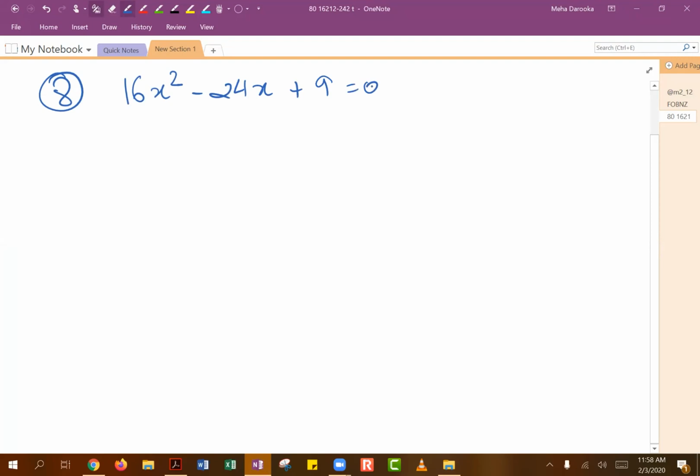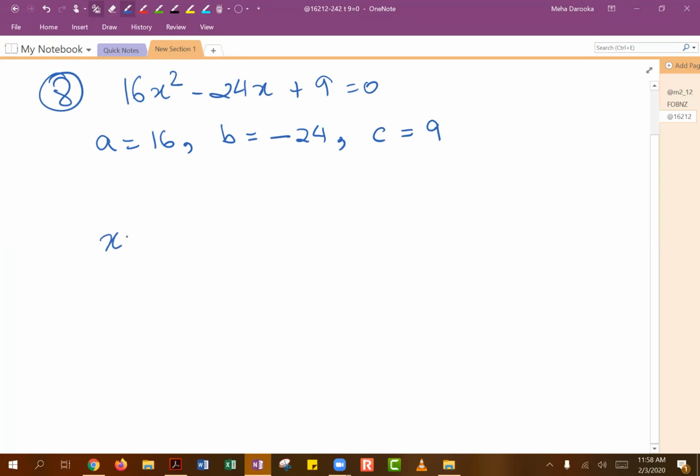So the first thing I actually like to do is just write down what my A, B, and C values are. A comes from the leading term, which will be 16. B from the middle term, take the sign with the number. So since it says negative 24x, your B term is going to be negative 24. And then C is positive 9.